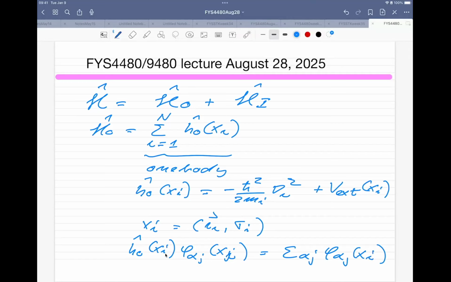Now, this phi is then an eigenbasis of a part of the Hamiltonian, and it's this eigenbasis which we are using as an ansatz for constructing a many-particle wave function. So one of the things which we're going to show today, and which you will also have in the exercises later on, is that you can construct a many-particle basis based on a one-particle basis, which then is an eigenbasis of this operator H0 here.